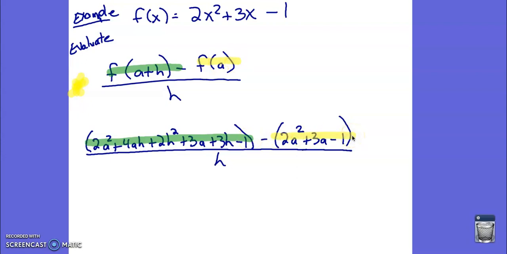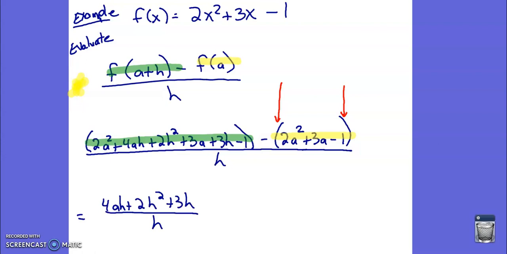Now, something I do want to point out that some students make a mistake on, make sure when you minus f of a, you put these things called parentheses on. Because if you don't, you won't use the distributive property and you're going to make a big mistake. So let's go ahead and use the distributive property and add like terms. So once you do that, you get this expression.